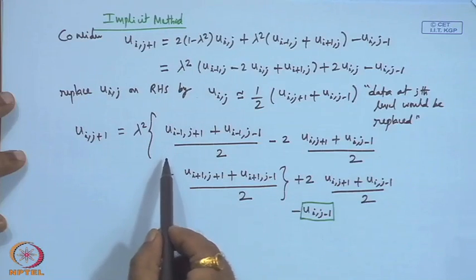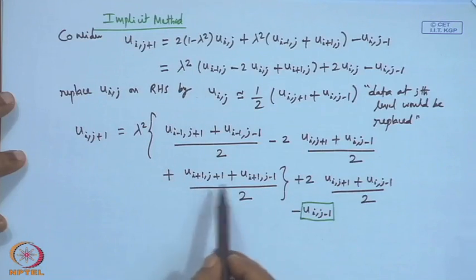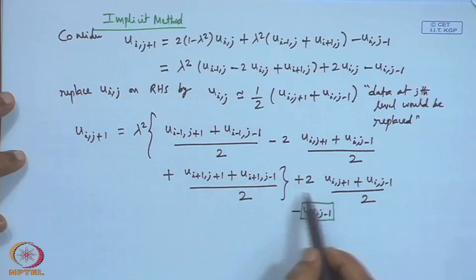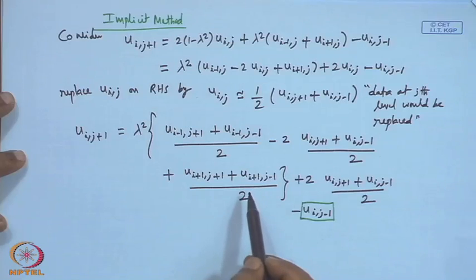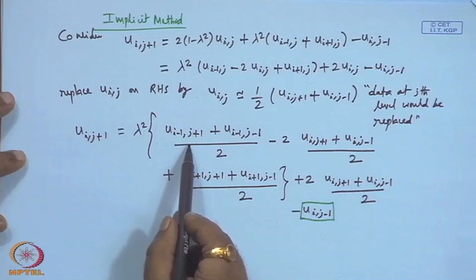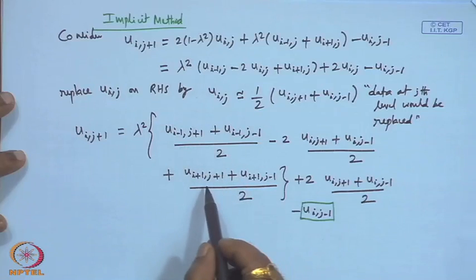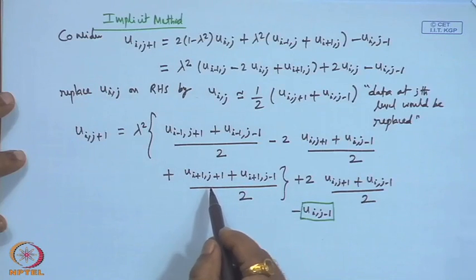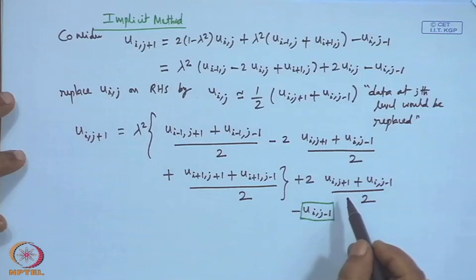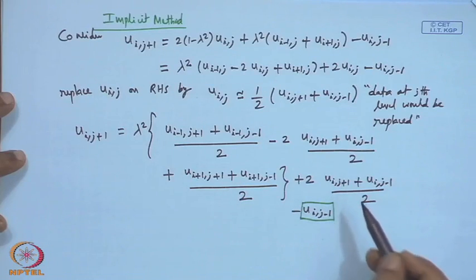So, we can simplify and see. You have various terms. For example, this is u i minus 1 j plus 1 and this is i plus 1 j plus 1, right. So, some terms are expected to be cancelled.